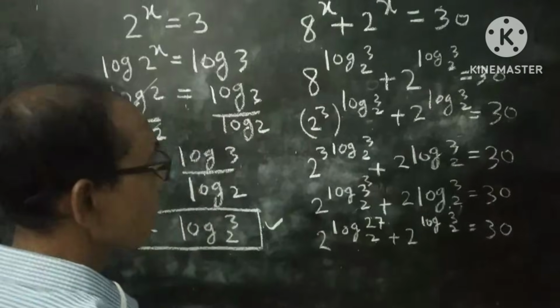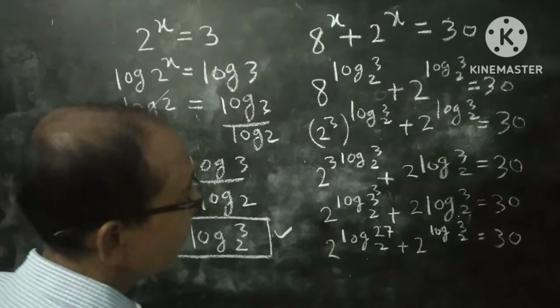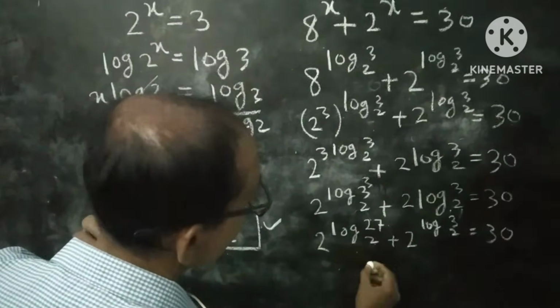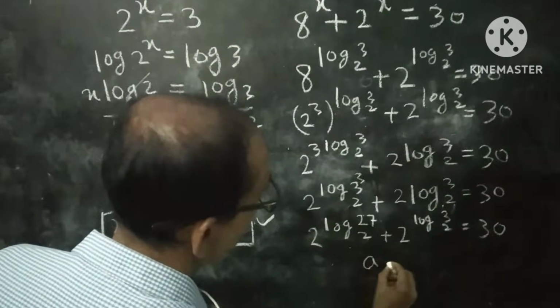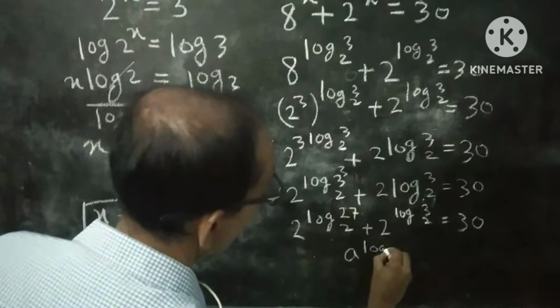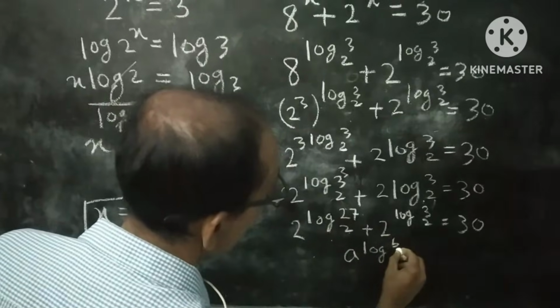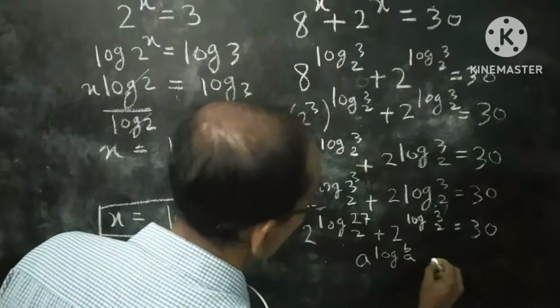Now we have another formula: a to the power log b of base a equal to b.